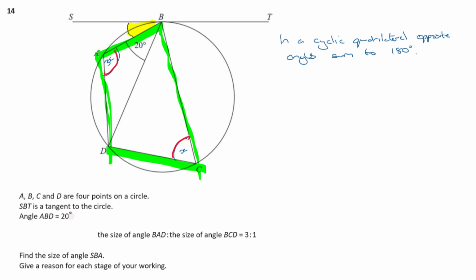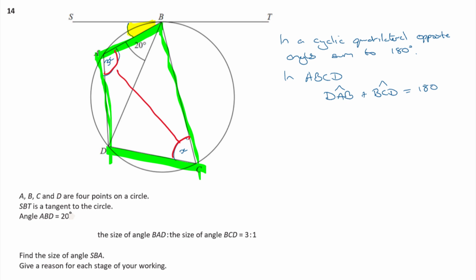Now the reason I picked on that one is because these two are opposite angles in a cyclic quadrilateral, and because I know their size relative to each other, that is enough to work them out, isn't it? Because I can say that in ABCD, angle DAB plus angle BCD equals 180.